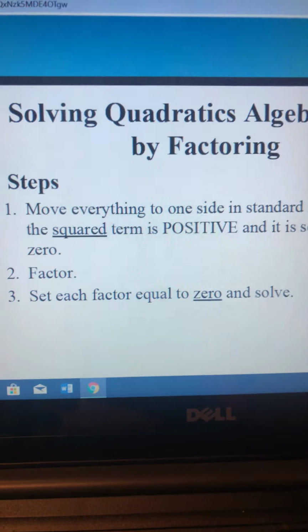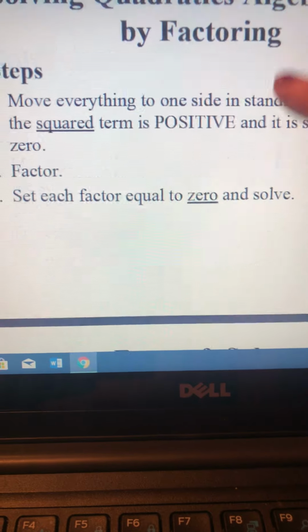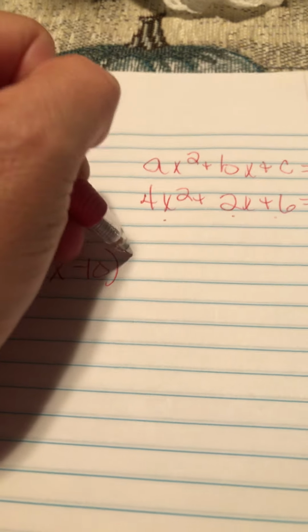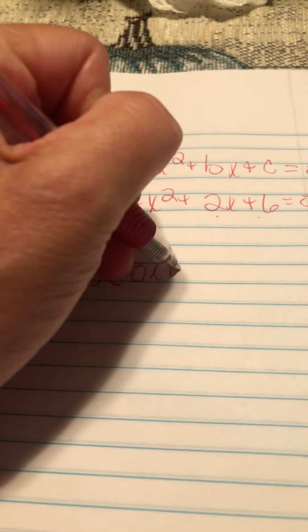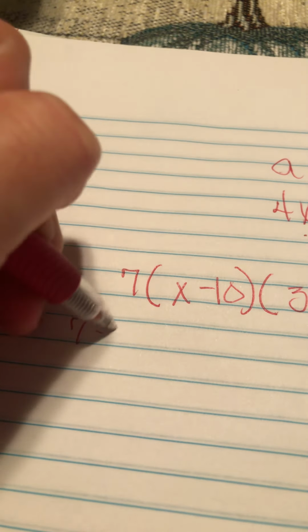Now your next step is you're going to factor, and then once you factor, you'll set each factor equal to 0. Here we had one already factored out for us in the next PowerPoint slide: 7 times x minus 10 and 3x plus 2 equals 0. We have 3 factors, and we're going to set each factor equal to 0.